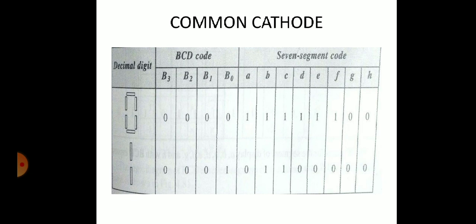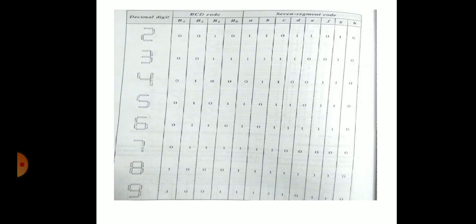Normally in a college lab, we use common cathode type LED first, but when you use this 7 segment display, first you must check whether it is common cathode or common anode, then you fill the truth table. After that, using this truth table, you will do the K-map of all the variables, that is A, B, C, D, E, F, G, H, and the variables for the K-maps will be the BCD code variables, that is B3, B2, B1 and B0.